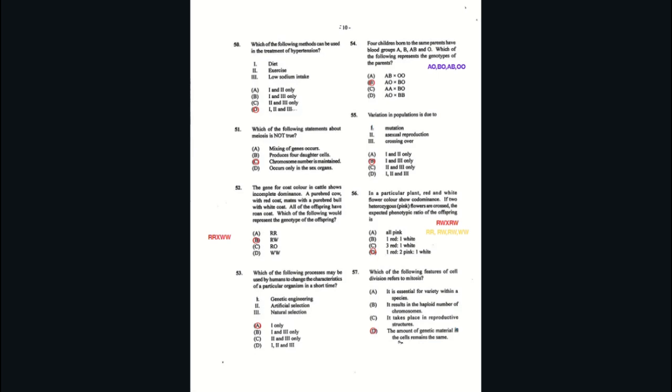Number 57. Which of the following features of cell division refers to meiosis? And the answer is going to be D, the amount of genetic material in the cells remains the same. Number 58. Which of the following statements best describes a chromosome? So the answer is going to be B, structure made up of DNA wrapped around histones.